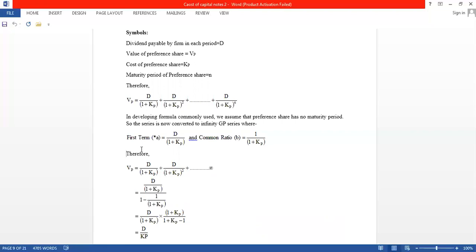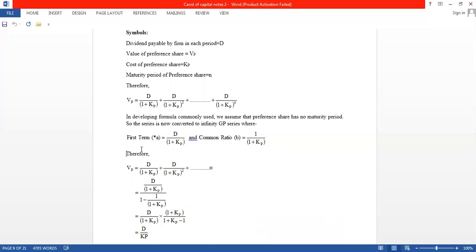So we are assuming that the dividend rate stated in the preference share capital will be received by the preference shareholder, and this rate, if calculated, will make the dividend per year rupees D. So we will calculate the present value of the dividend receivable by the preference shareholder during its lifetime.